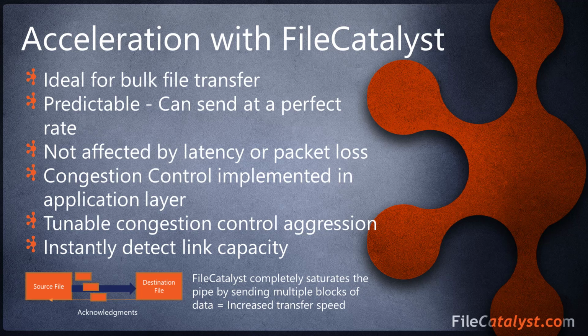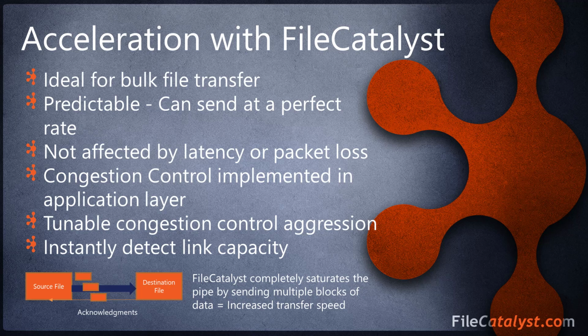FileCatalyst's UDP-based protocol is unaffected by latency and packet loss, which, as mentioned before, seriously affects file transfer speeds when using the TCP protocol. And to maximize your transfers throughout your peak periods and downtime, we allow congestion control in the application layer, so you can adjust bandwidth usage on the fly and as you need it.